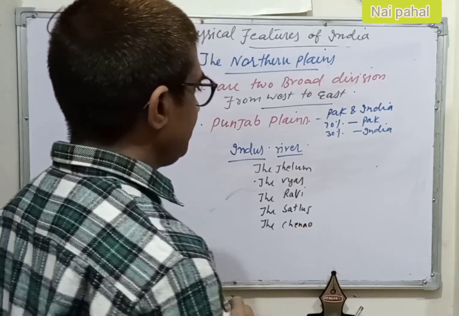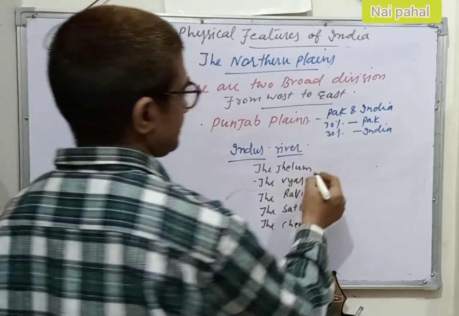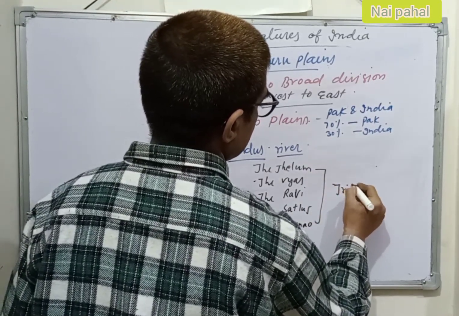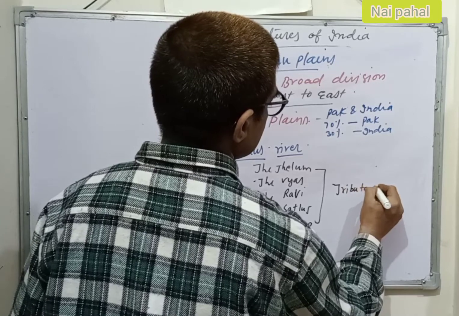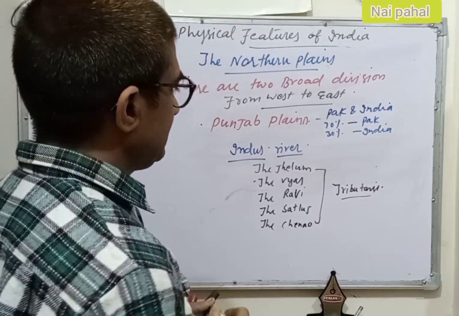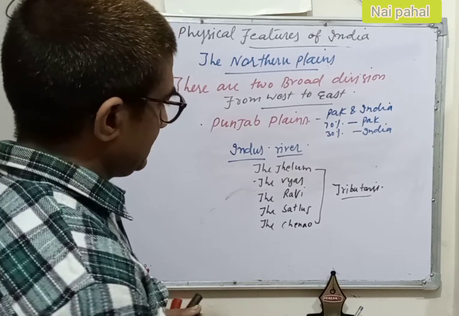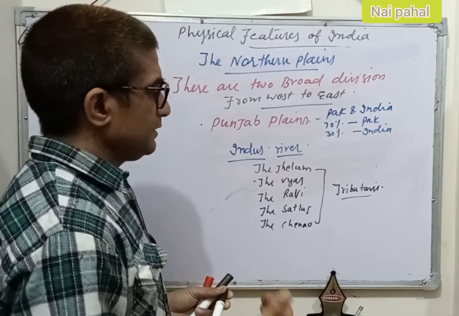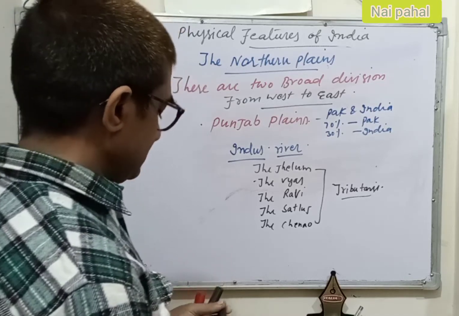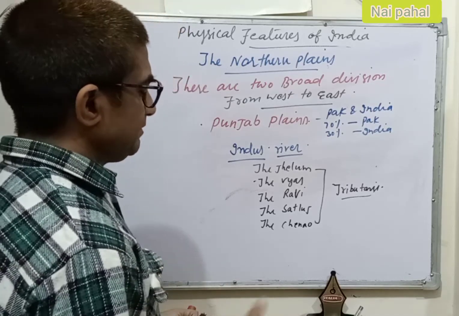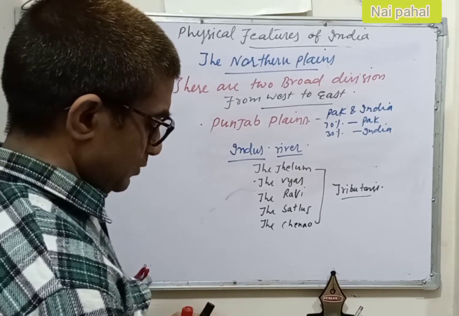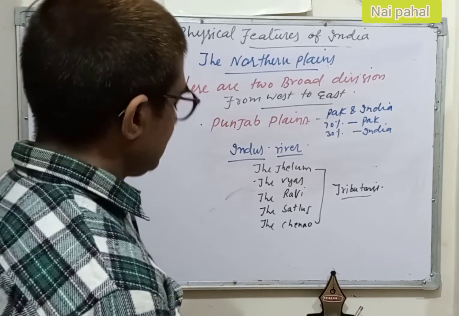So these are the five tributaries which form the Indus River plains. This is a very important plain, and this is made by the Indus River system or its basin also. Okay? So that is very important.